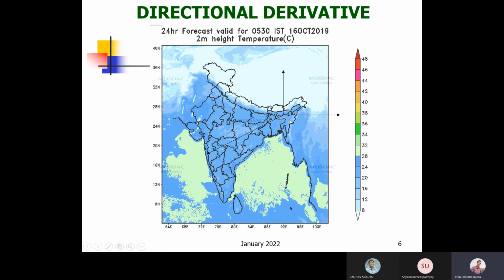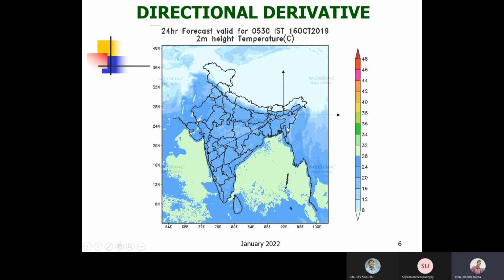In both cases, suppose it is towards Burma, we want to see how the temperature is changing as one goes from Guwahati to Myanmar, and if somebody is going to Tibet, and wants to find out how the temperature is changing, then he or she is going to move north, right?